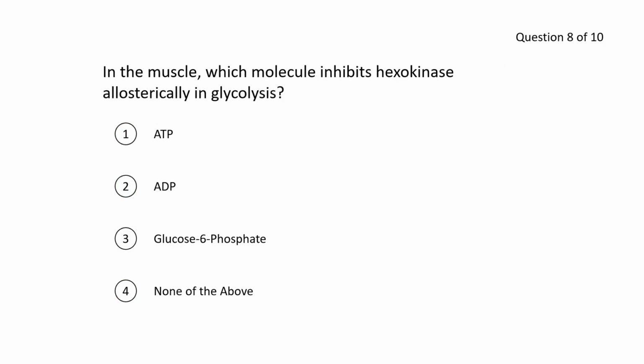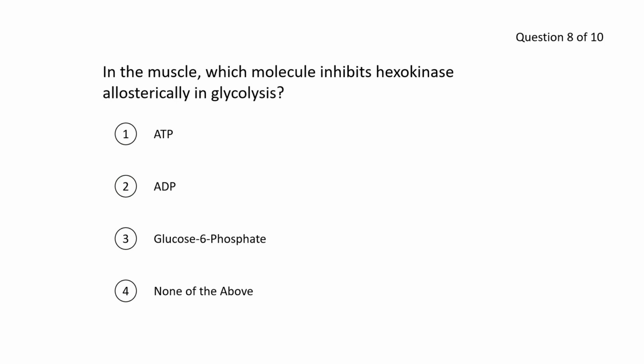Question 8. In the muscle, which molecule inhibits hexokinase allosterically in glycolysis? So ATP and ADP do not have an effect on hexokinase or glucokinase, which is in the liver, because that is not the major committed step to glycolysis. It's not 4 because the answer is glucose 6-phosphate, because we're talking about in the muscle.